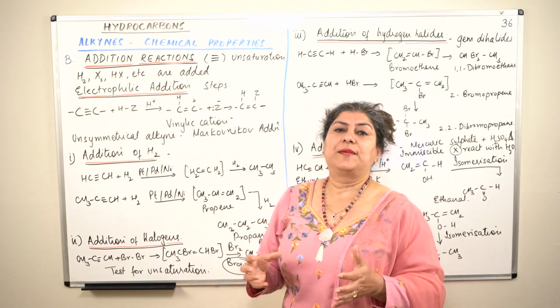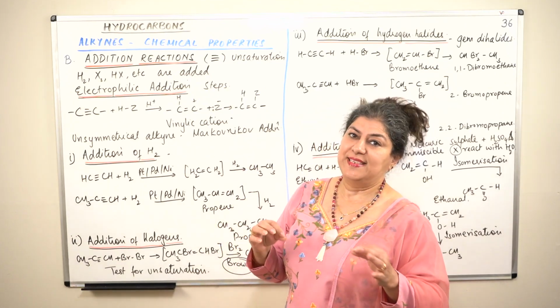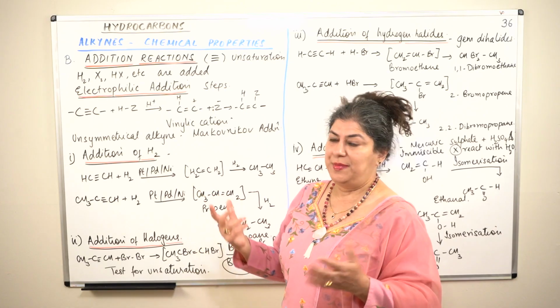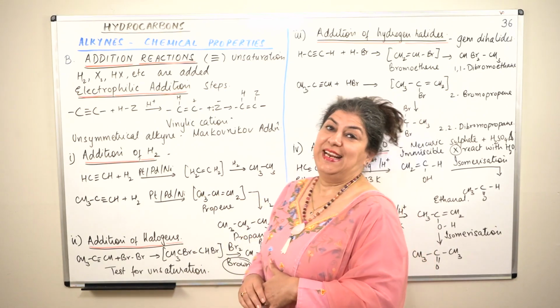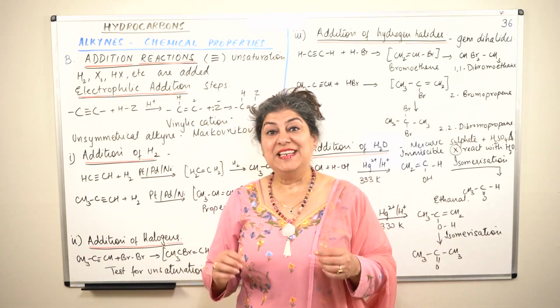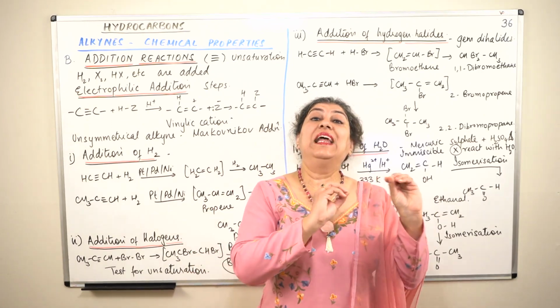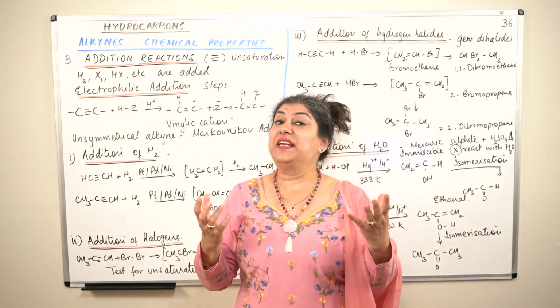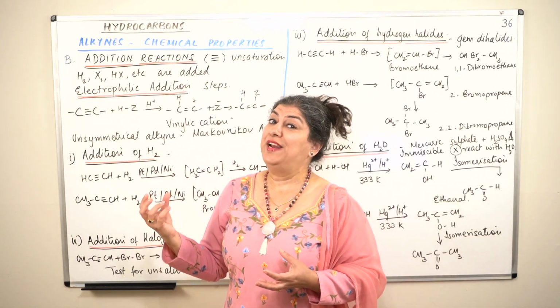Just as in electrophilic substitution reactions, electrophilic addition reactions also take place in steps. The first step would obviously be the attack of an electrophile. What is an electrophile? Phile means love, right? So a species or a part of a molecule that loves electrons. Electrons are negatively charged. So which part of a molecule would be electrophilic?